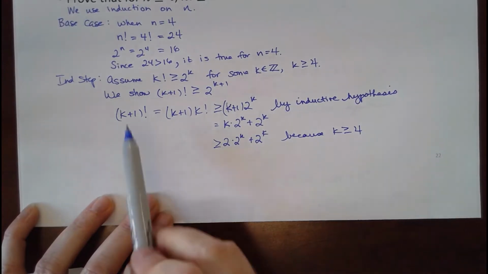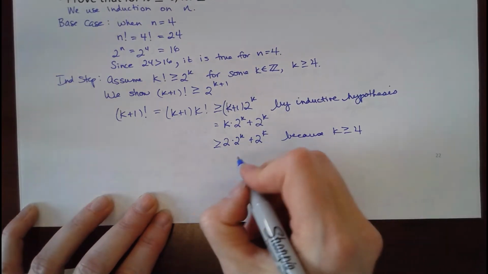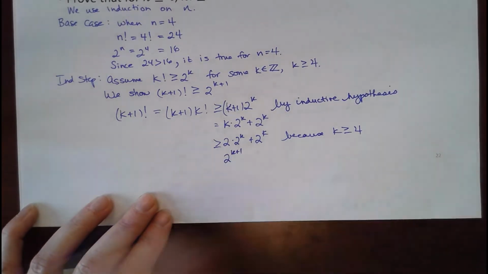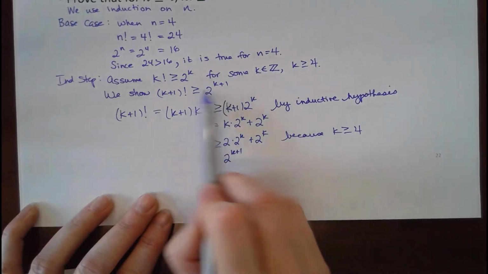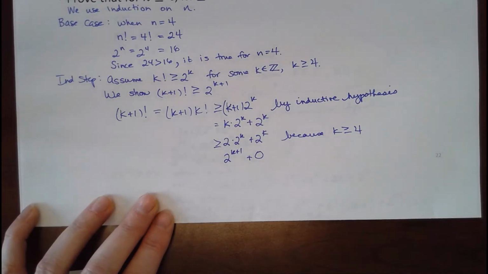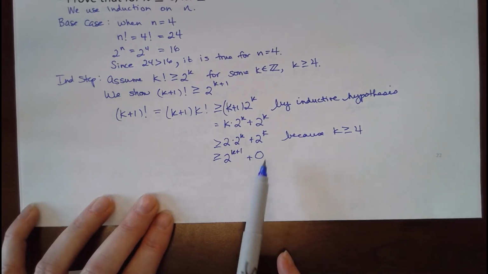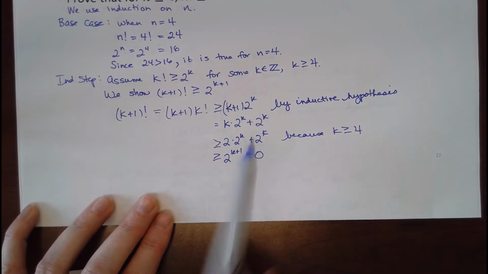So I now know that k plus 1 factorial is greater than or equal to, well, this is just the same thing as our 2 to the k plus 1. And then I just want that by itself. So could I then replace this with 0 and have it still be true? Can I guarantee that 0 is smaller than 2 to the k?